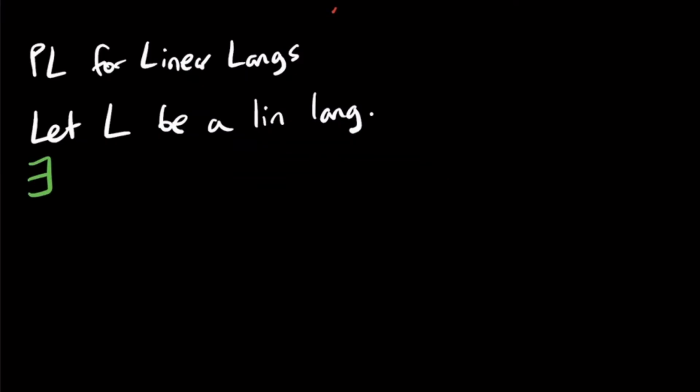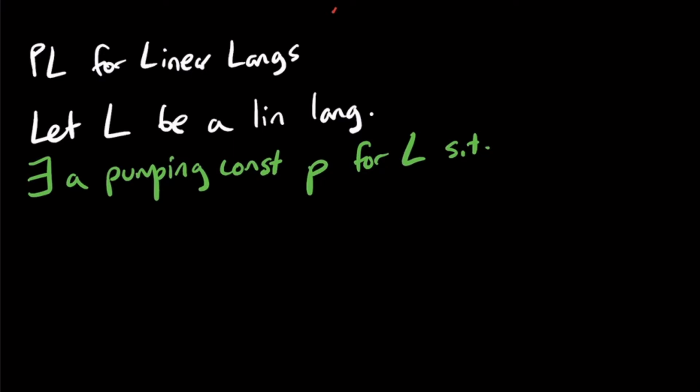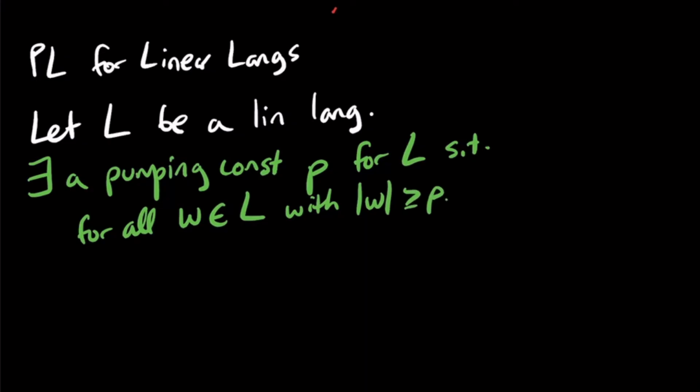So then there exists a pumping constant, let's call it p to mirror the other ones, for L, such that for every single string w in L with the length of w being at least p. So remember, this p was the number which was n plus 1 times k from before. So for every string that's in the language, which means that we can make a parse tree for it with the length at least a certain number, then that means that the variable repeats.